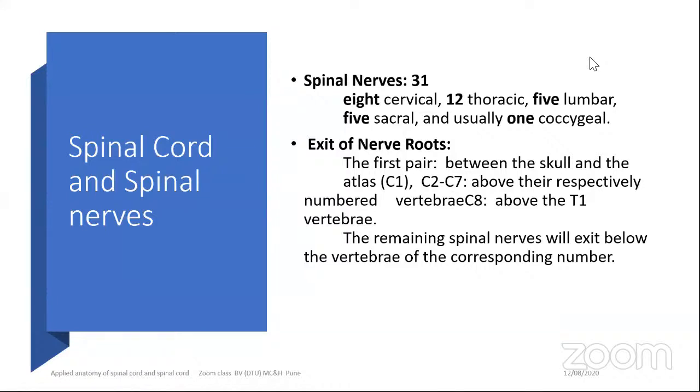The remaining spinal nerves will exit below the vertebrae of the corresponding number, and the nerves have a ventral root and a dorsal root. There's the Bell-Magendie law which says that the sensory input is on the dorsal root and the motor output is from the ventral root.